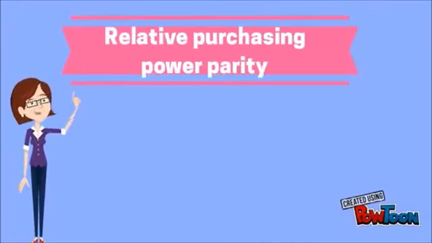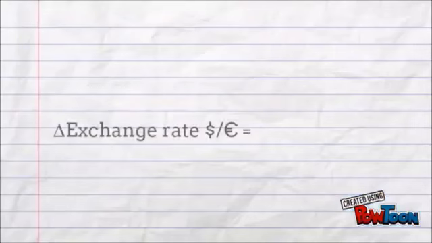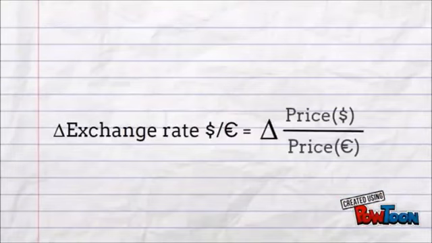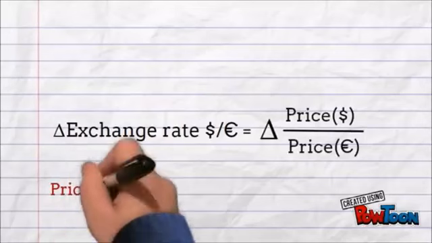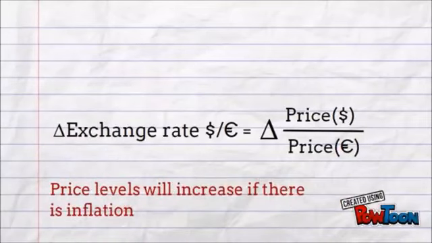Since absolute purchasing power parity does not reflect reality, we now move on to relative purchasing power parity. Relative PPP takes inflation into account. It does so by considering the relationship between the changes of the exchange rate and the changes of the price ratio. Note that price levels will increase if there is inflation. Therefore, the exchange rate is determined by the difference in the national price levels between the two countries. Let's take an example.